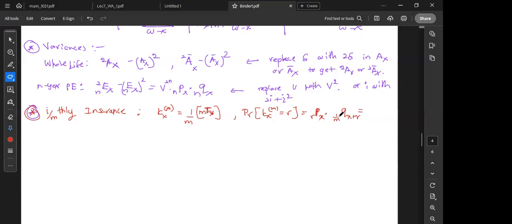Since M is 2, this is half a year. And it is the same as the deferred probability of a person at age X surviving for R time units, and this R is a collection of 1 over M time units. So this says R is how many 1 over M time units we have. So if M is 12, R is the number of months from the purchase to the death.